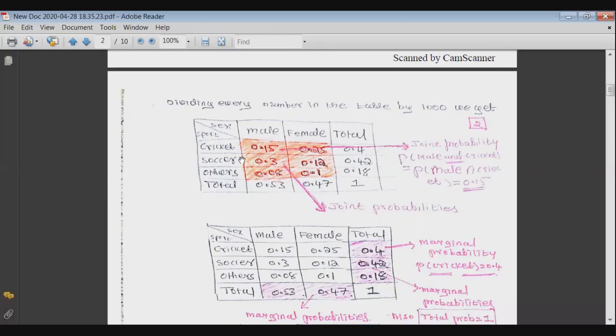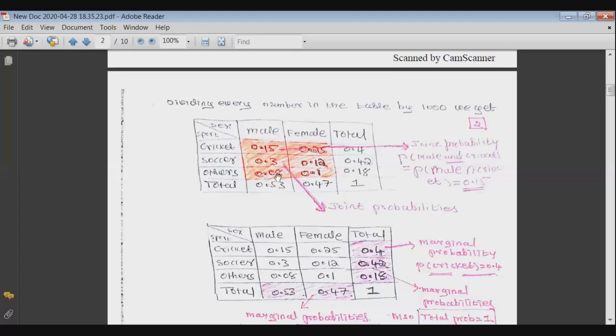This represents that 15% of the males say their favorite sport is cricket. Now this 25% or 0.25 says that females say their favorite sport is cricket, and this 0.3 or 30% of males say their favorite sport is soccer, and 12% or 0.12 represents that 12% of the females say their favorite sport is soccer.